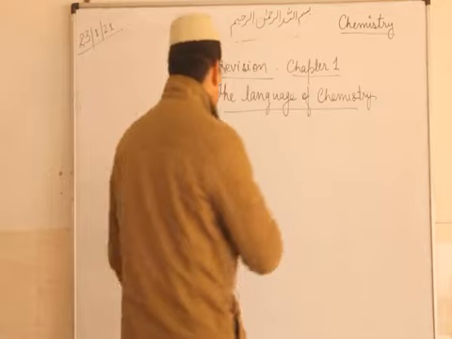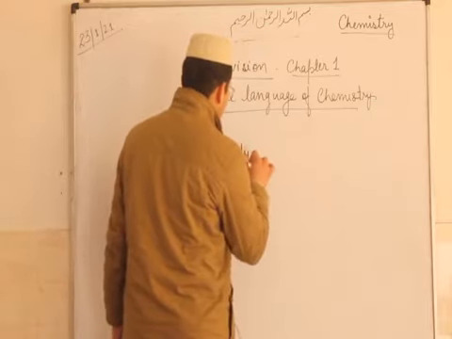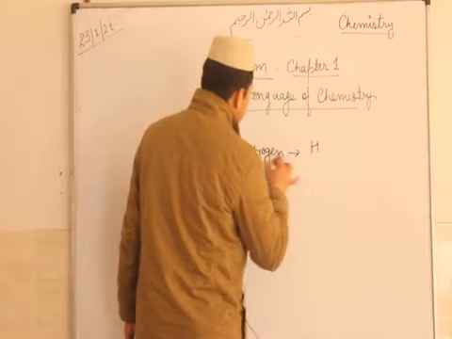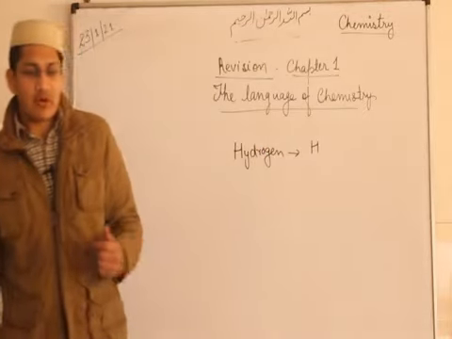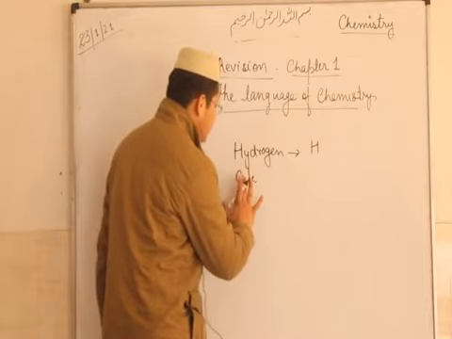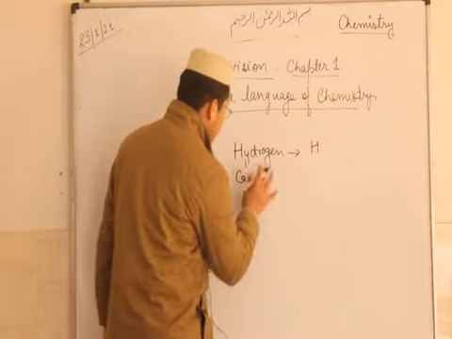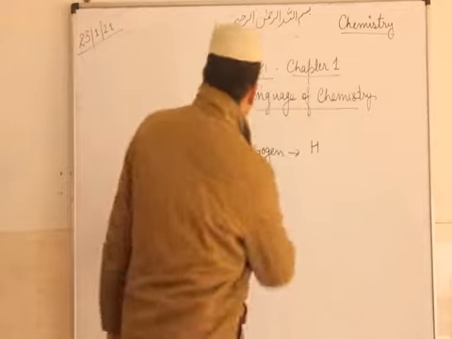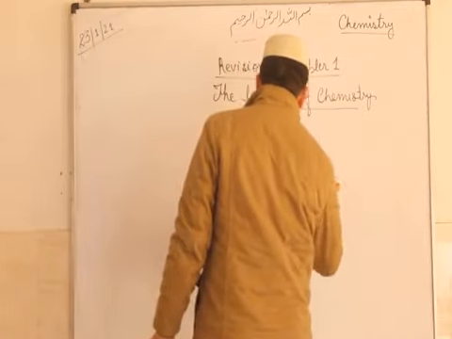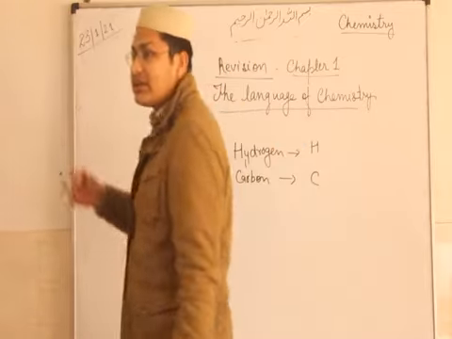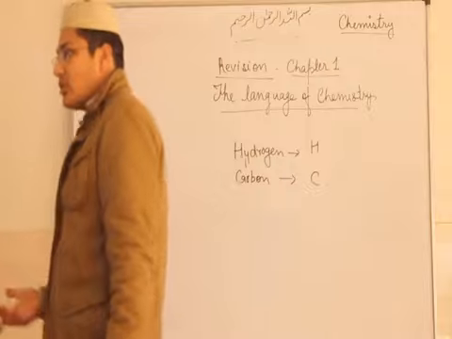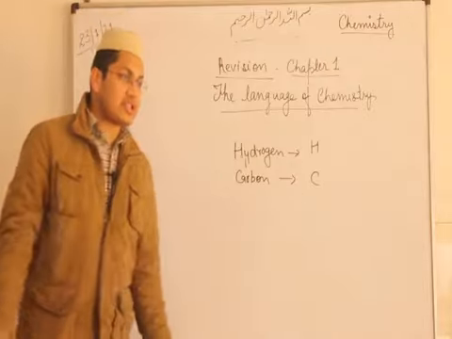Suppose there is hydrogen, for hydrogen, that is H. But later on, suppose calcium is there, carbon. For carbon, C. But there are so many other elements which start with C, like calcium, copper, chlorine, etc.